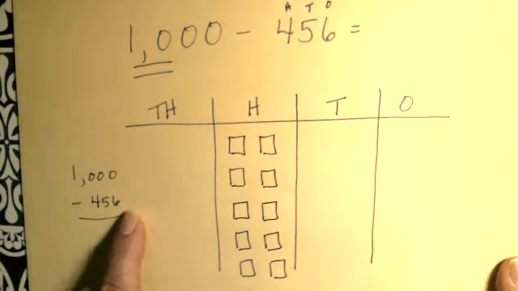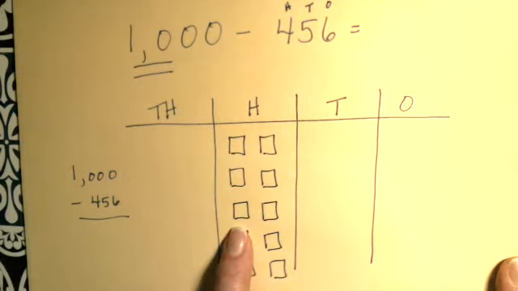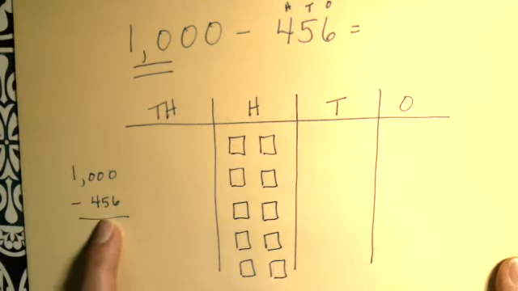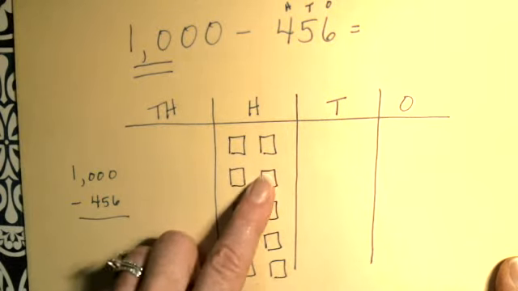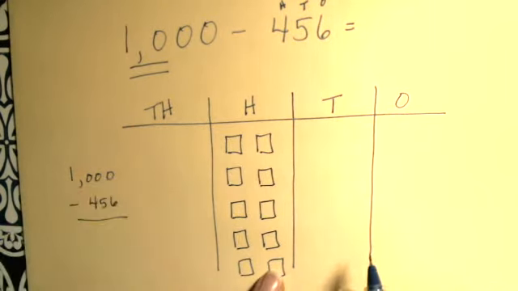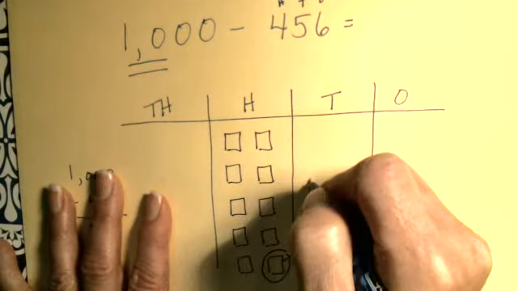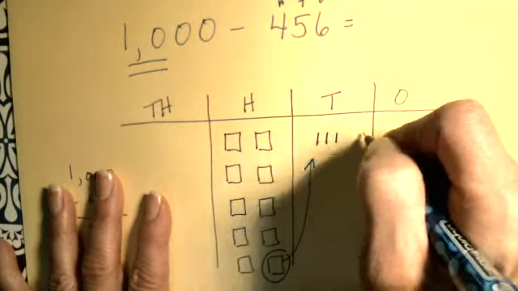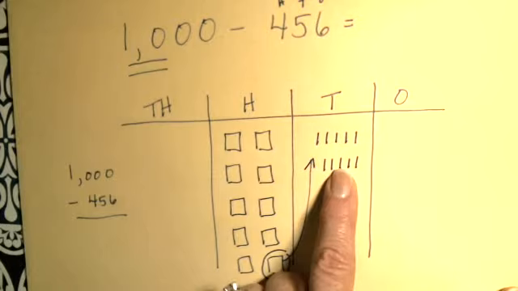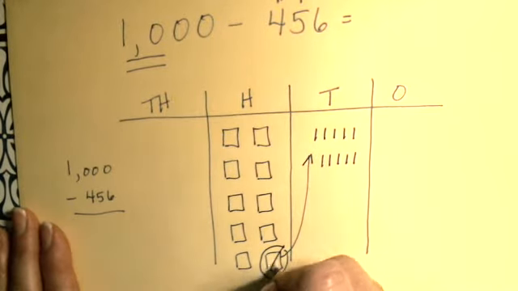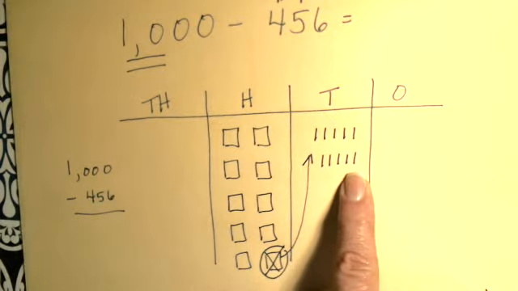I'm going to need to take away from the ones place, the tens, and the hundreds. So I need ones, I need tens, I need hundreds. What I'm going to do is change out this 100 and change it into 10 tens. Same value, 10 tens is the same as 100, and I'll put an X through it so I know that I've moved it. It's over here now.